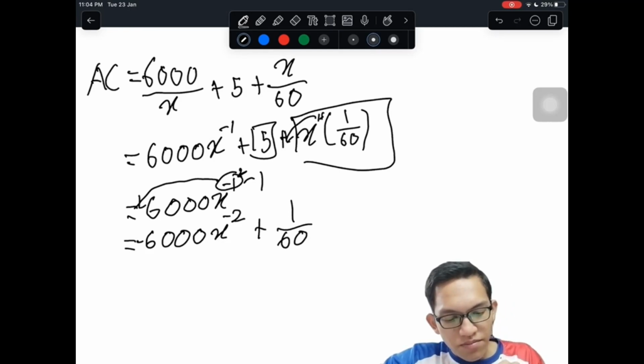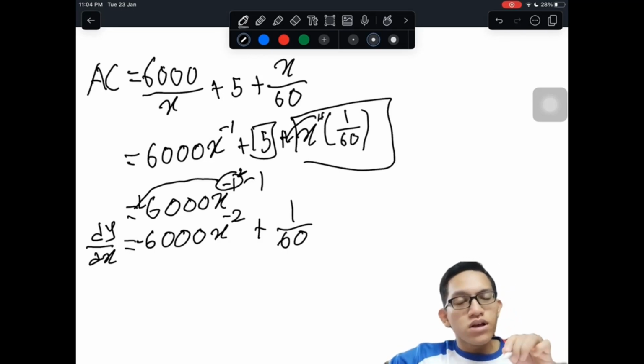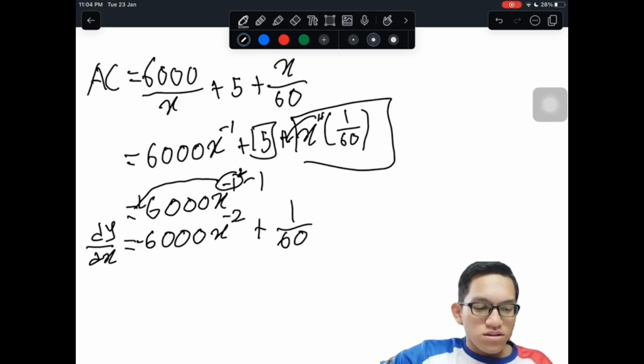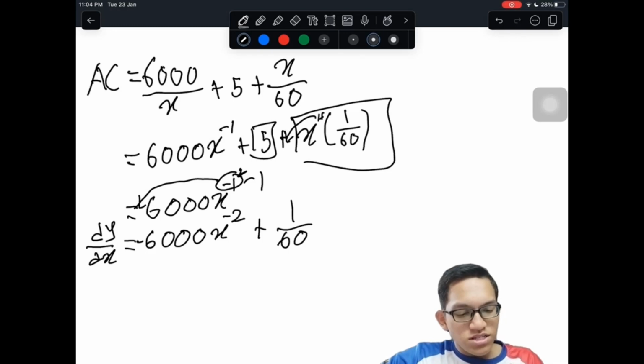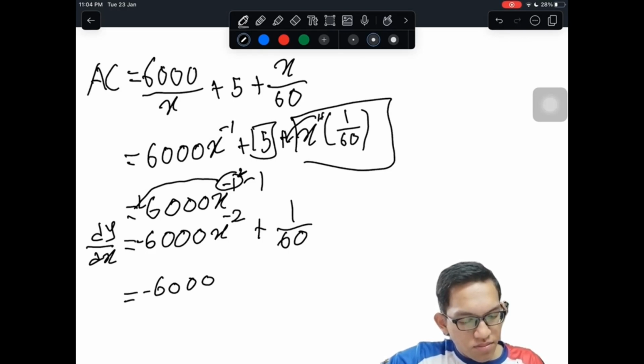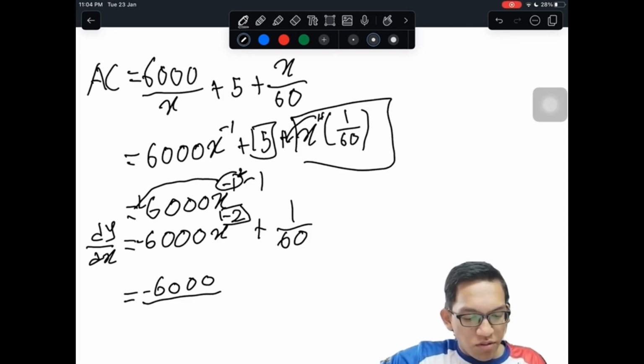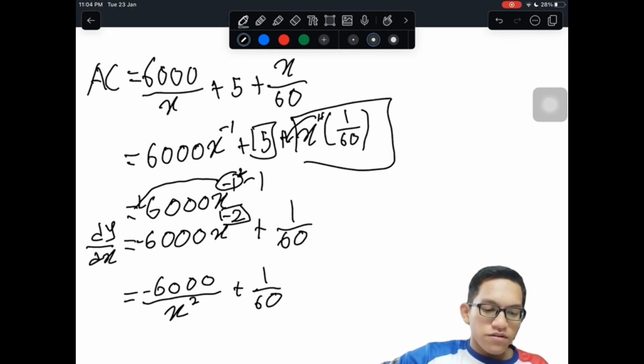So this is the derivative of the average cost. Then we just change the sign, we need to make this number positive. So it will be 6,000 over x square plus 1 over 60.